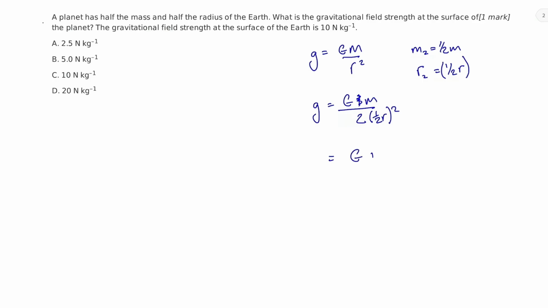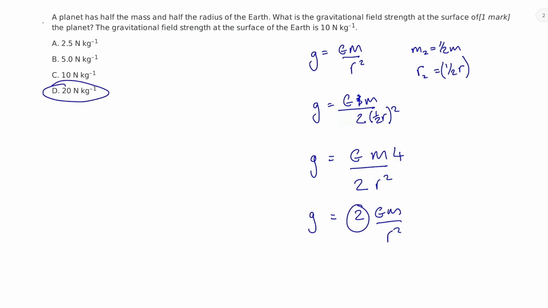So GM over 2, and that's 1 over a quarter, so we take the 4 up there, r squared. So it's 2GM over r squared. The gravitational field strength on the second planet is twice that on Earth, so we're looking at 5D.